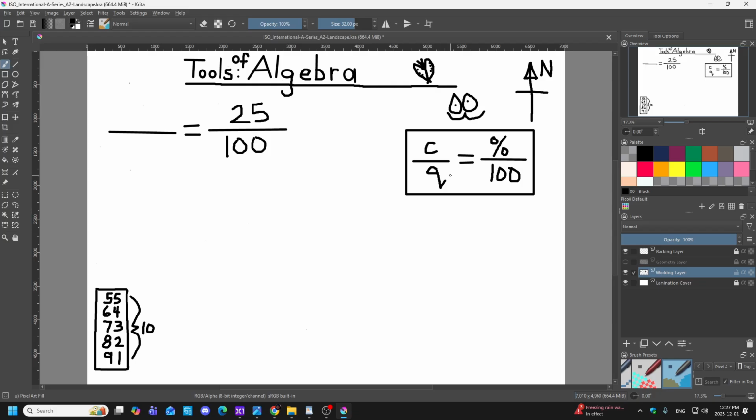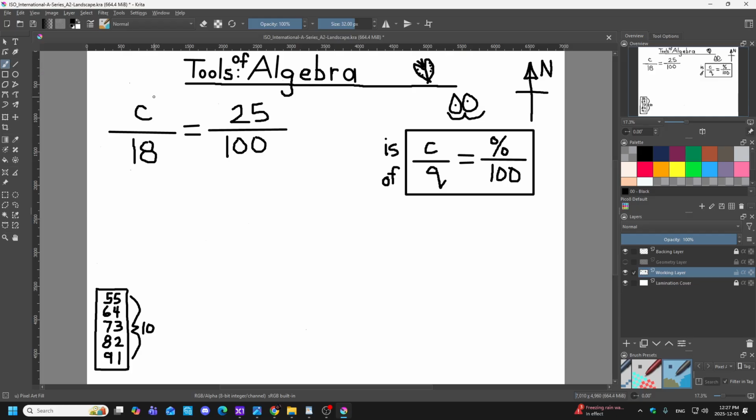Remember, of, think Q. So this is the is, and this is the of. What number is 25% of 18? And C is unknown.